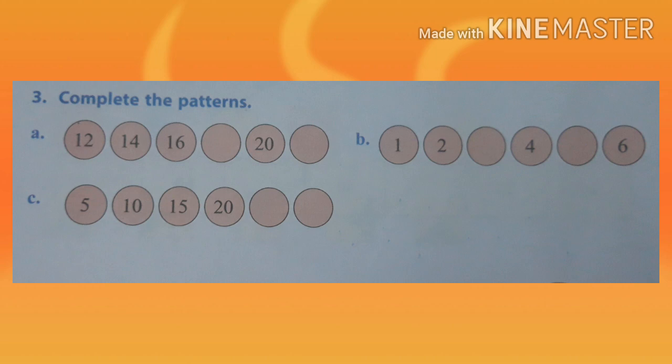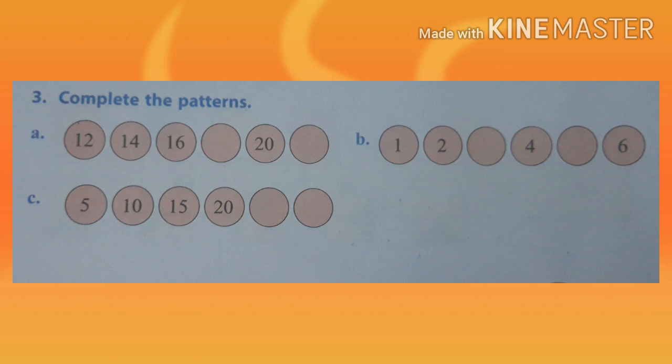Given are number patterns. So, the first one is 12, 14, 16, then a blank circle, then again 20, a blank circle. In the first one, there is a difference of number 2 between the two numbers, isn't it? Yes, when a number 2 is added to 12, we get 14. Like that, when a number 2 is added to 14, we get 16.